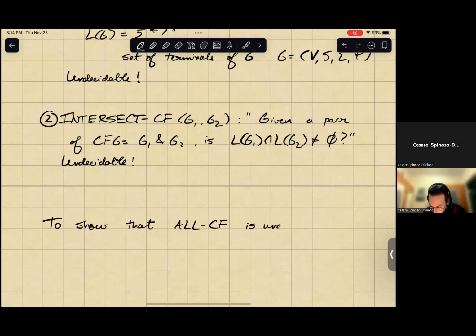And to do that, we'll, of course, need a mapping reduction. And in this case, the mapping reduction is going to be from the not halting problem to the all CF problem. Okay, and I'll do at least the start of that in the next video.